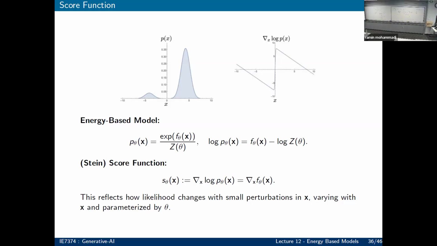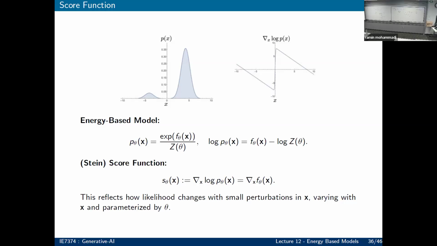Our goal is to find this theta. Could we estimate it using another neural network? That's the idea. Could we estimate this gradient using a model? And that's where this score function comes in.